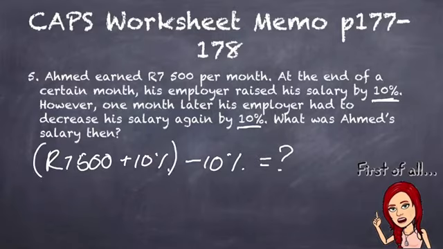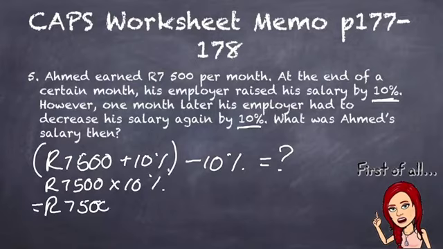We're going to put in brackets to make it easier. 7,500 times 10% equals 7,500 times 10 over 100. And here we're going to divide again. You can divide like that.